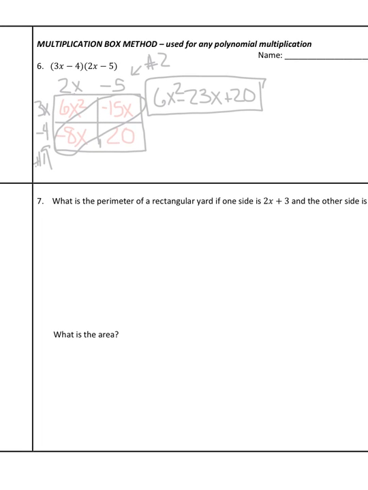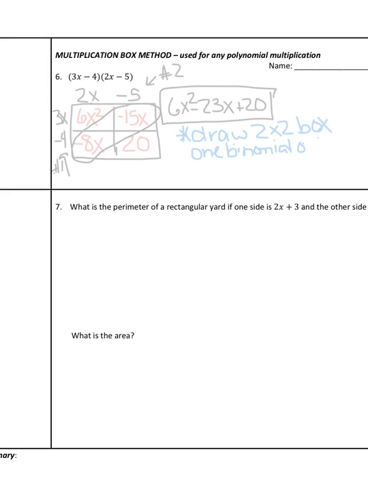You're going to draw a 2 by 2 box, and then one binomial on the side, and one binomial on top.